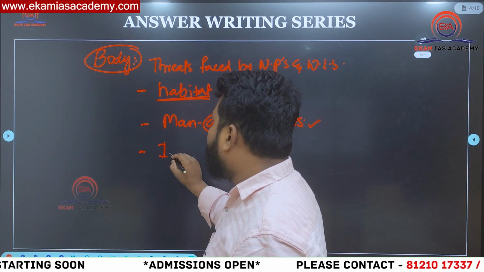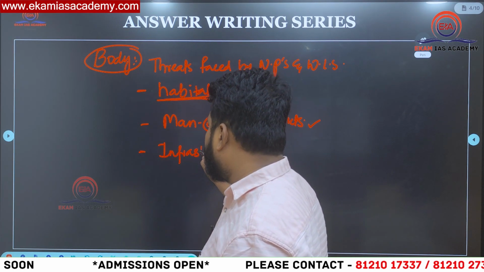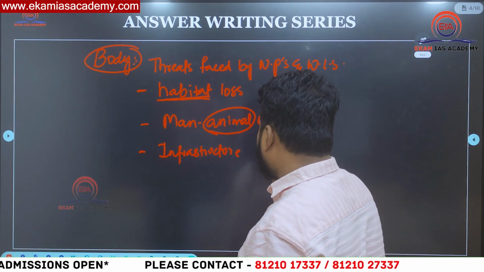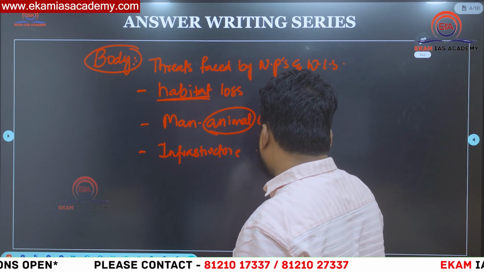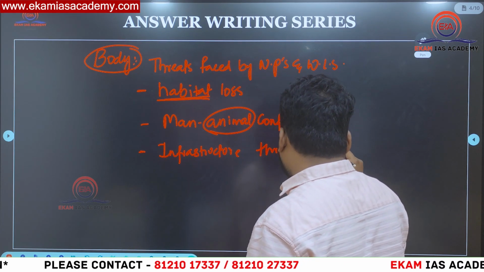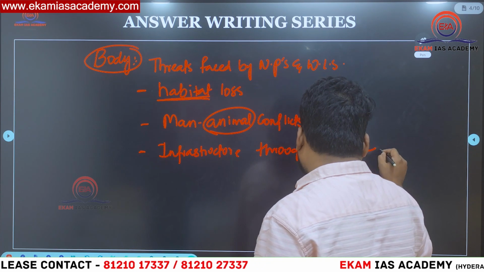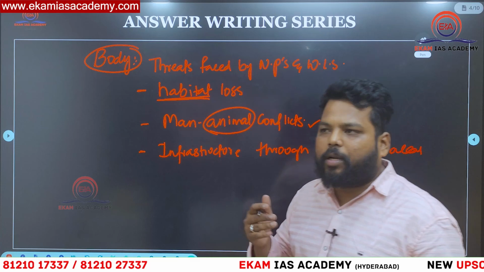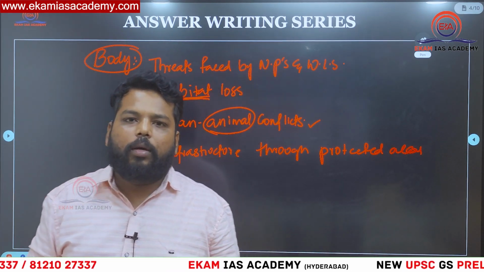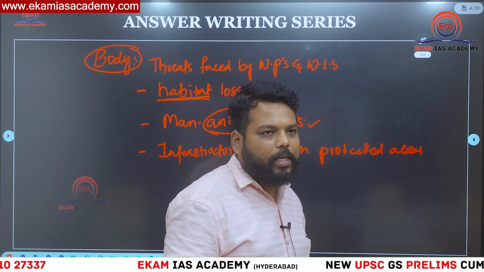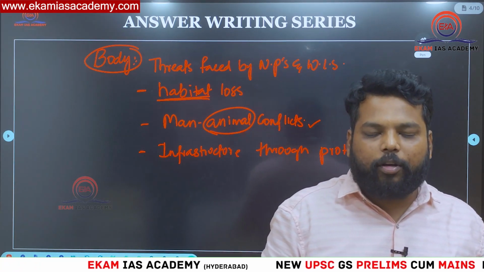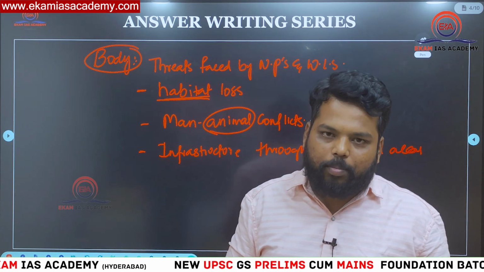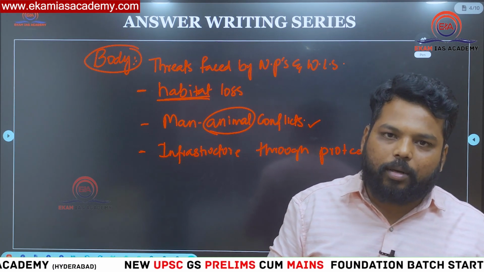Second is infrastructure construction through protected areas. For example, some national highways pass through different national parks. National Highway 44 passes through Pench Tiger Reserve and Kanha National Park.